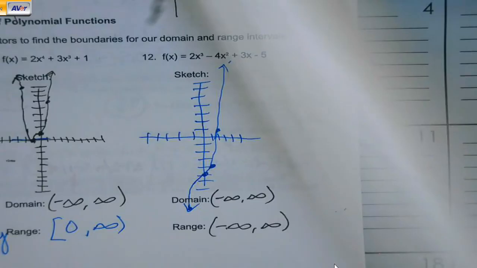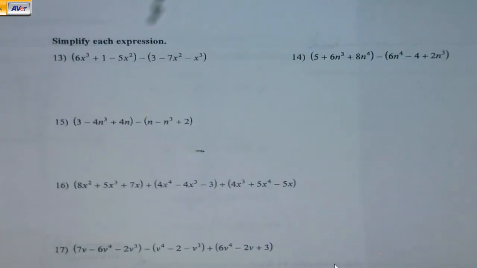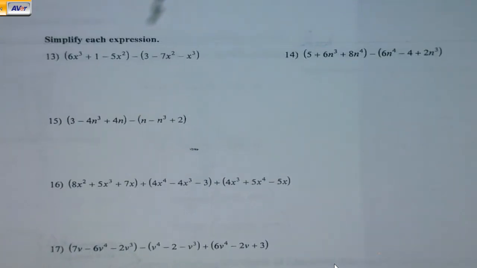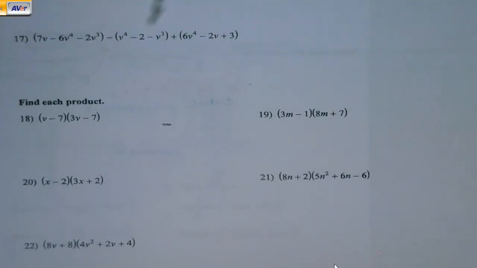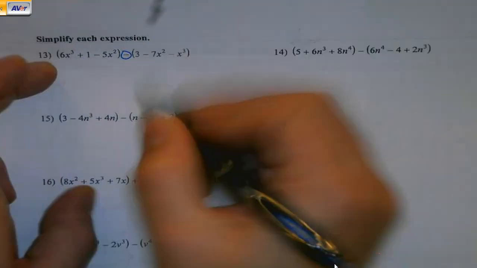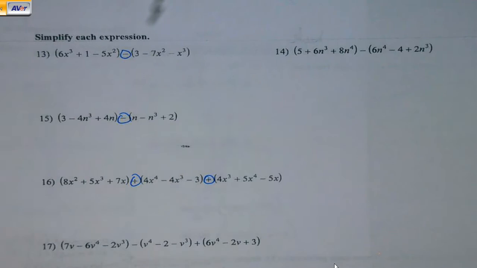And so then the back is just review of the stuff that we were getting into last week. But I do want to say one thing. We've got to be careful because some of you are actually making too much work for yourself. There's a difference between what's going on in 13 through 17 and what's going on in 18 through 22 on the bottom. The difference is, if there are signs in the middle, those are just combining like terms.